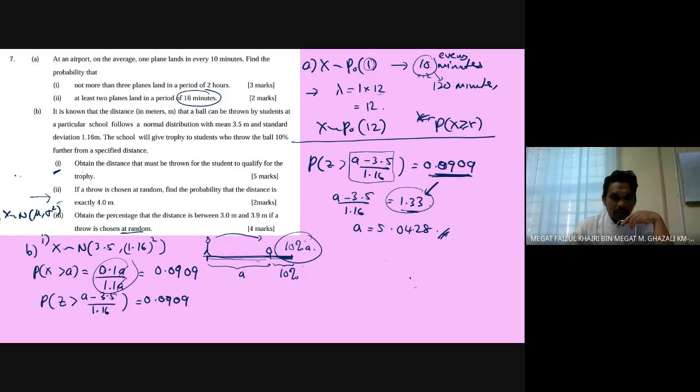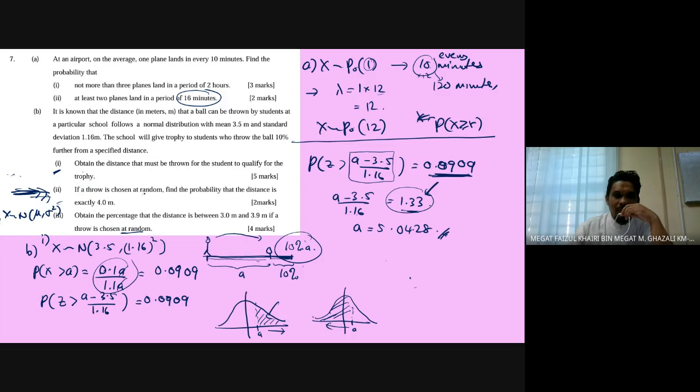Okay class, for this kind of question, don't get confused. This is continuous, and we are talking about the bell shape of the graph, so it's not discrete. When we have something at A here, there is an area from A to infinity, or let's say an area to the left.